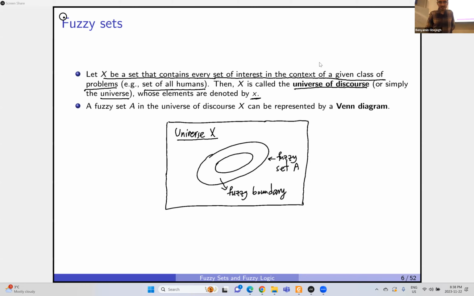Then a fuzzy set A in the universe of discourse X is a subset of the universe. It can be represented by a Venn diagram. Whatever you have for binary logic, you can extend to fuzzy logic. So here, universe X, fuzzy set. As you see, we have a fuzzy boundary.